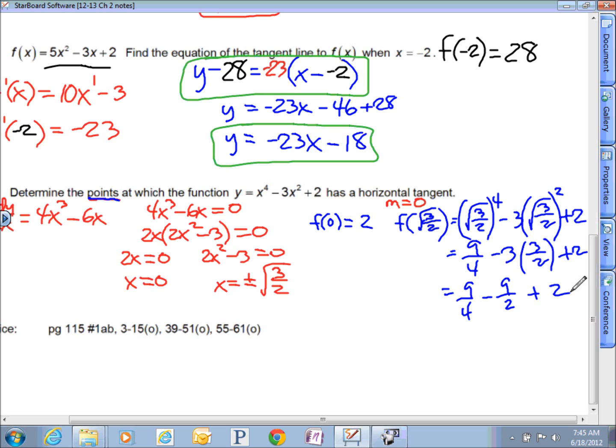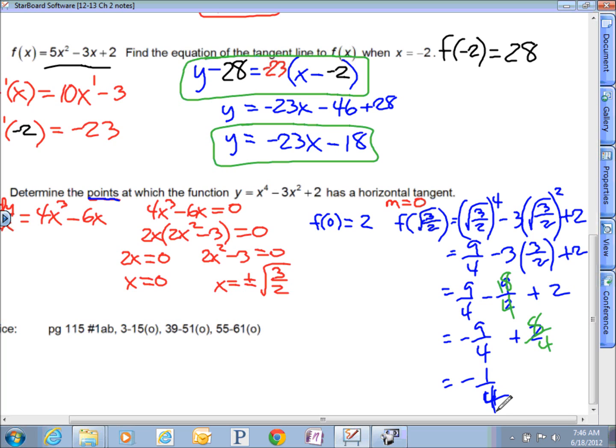That would be the same thing as having 18/4. And so 9 minus 18 would be negative 9/4. Plus 2, well, 2 would be the same thing as having 8/4. So put that together, after all that's said and done, negative 1/4.